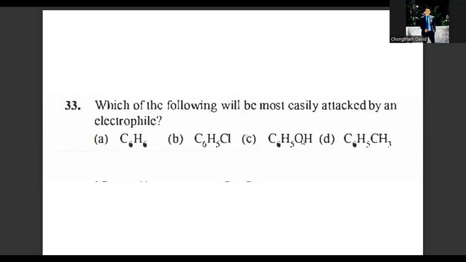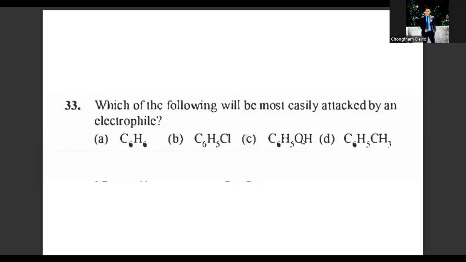So compare phenol and toluene. I'll repeat again. Both have electron releasing groups. However, the OH group in phenol is more electron releasing due to plus R than the CH3 group in toluene.